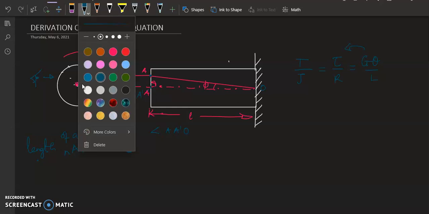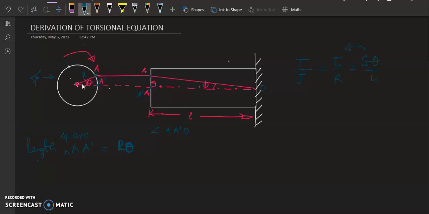So that is how we get the length of the arc. Now the length of the arc is equivalent to A A prime, so we say A A prime is equivalent to R theta.